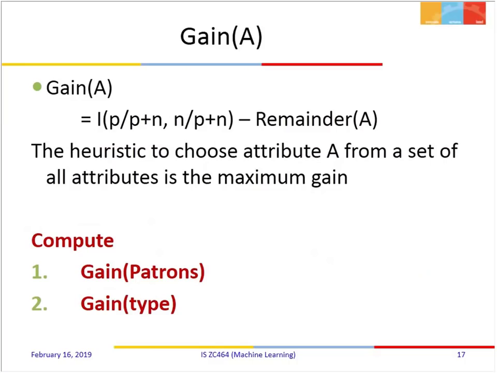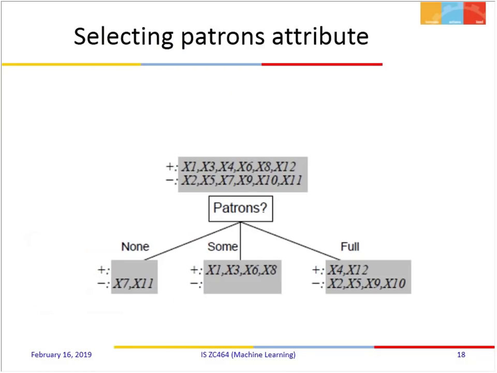So here we will talk about gain, which is the total information content minus the remainder of that attribute. If the remainder is minimum, we will say that this attribute is more informative. Suppose we have these 12 different observations, and the patterns attribute splits these 12 observations into 3 different classes, right?